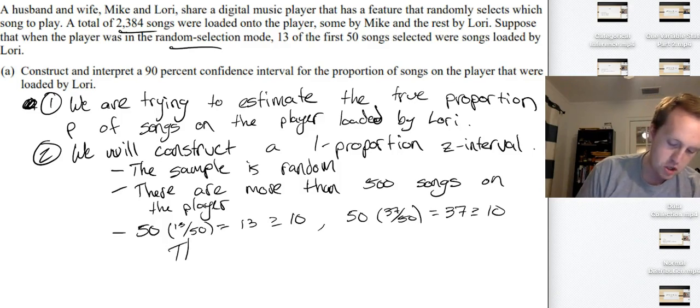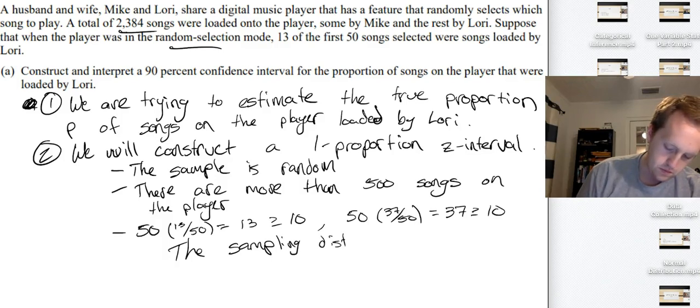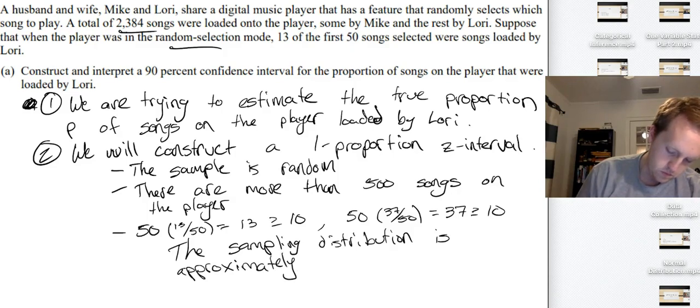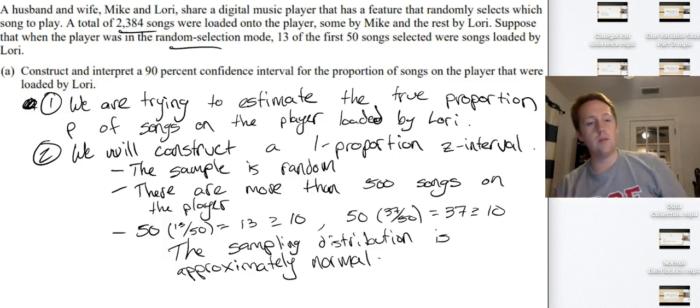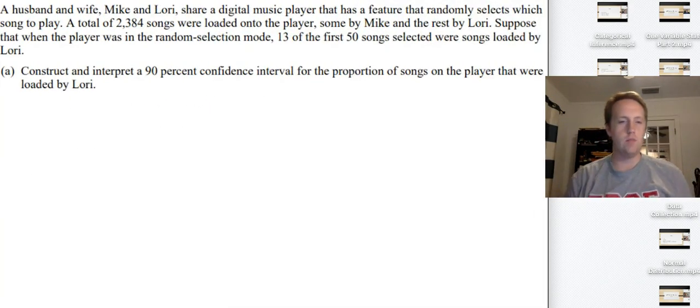So that means the sampling distribution is approximately normal. Okay, conditions are met. I'm going to add myself a slide so I can keep writing.